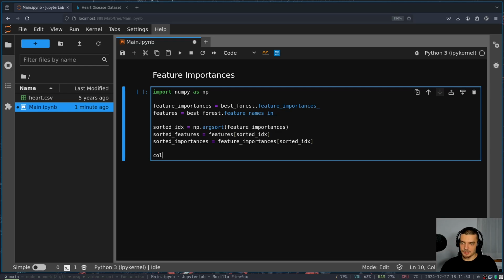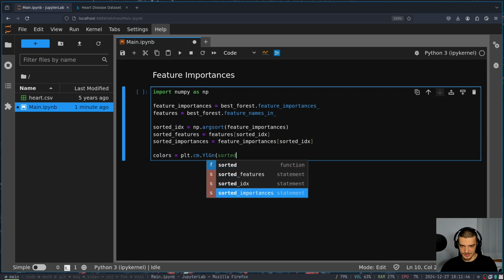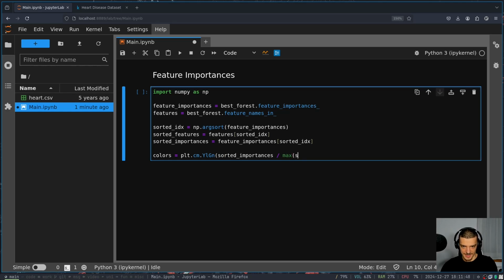And then we can choose colors for the bars because we're going to visualize this using Matplotlib. We're going to say the colors are plt color map yellow to green, sorted importances divided by the maximum of the sorted importances. So basically we want to have the most extreme color for the largest value, and that's basically just scaling it.